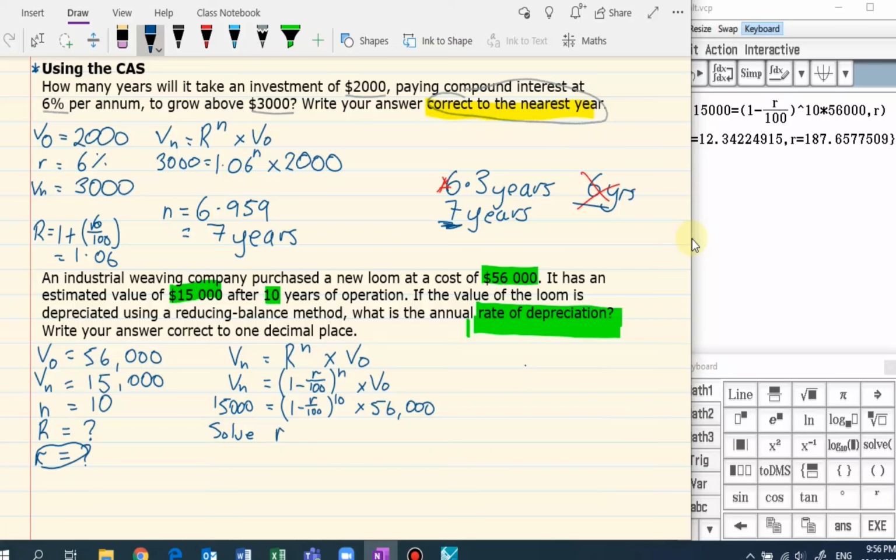So r is equal to 12.3, it says 1 decimal place, so 12.3% is the rate of depreciation.